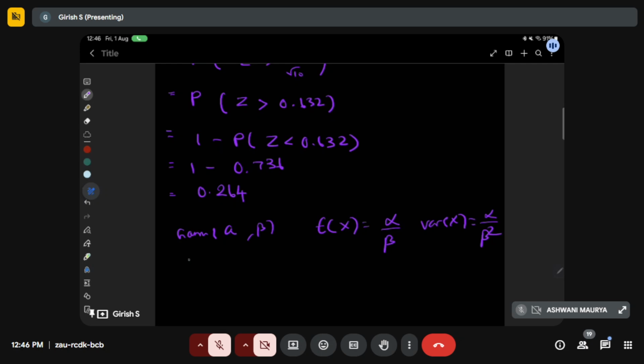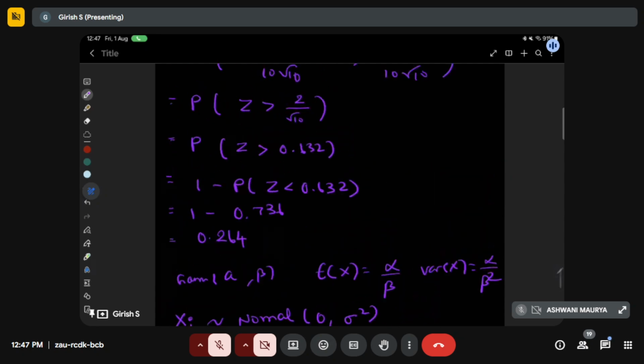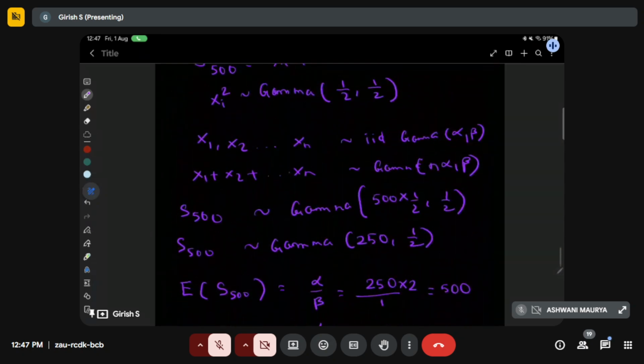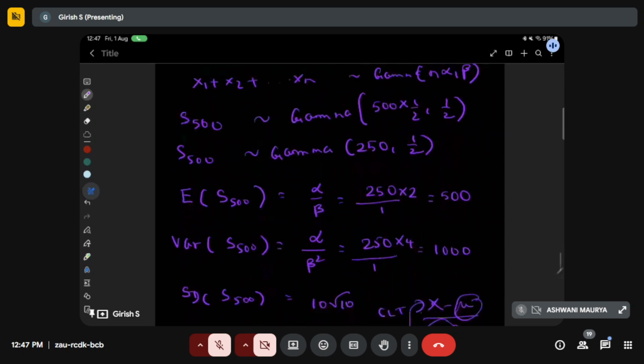But two properties I have used here: if Xi follows a normal distribution with 0 comma sigma square, then Xi square will follow a gamma distribution with 1 by 2, 1 by 2 sigma square. This is alpha, this is beta. That's what we used here.